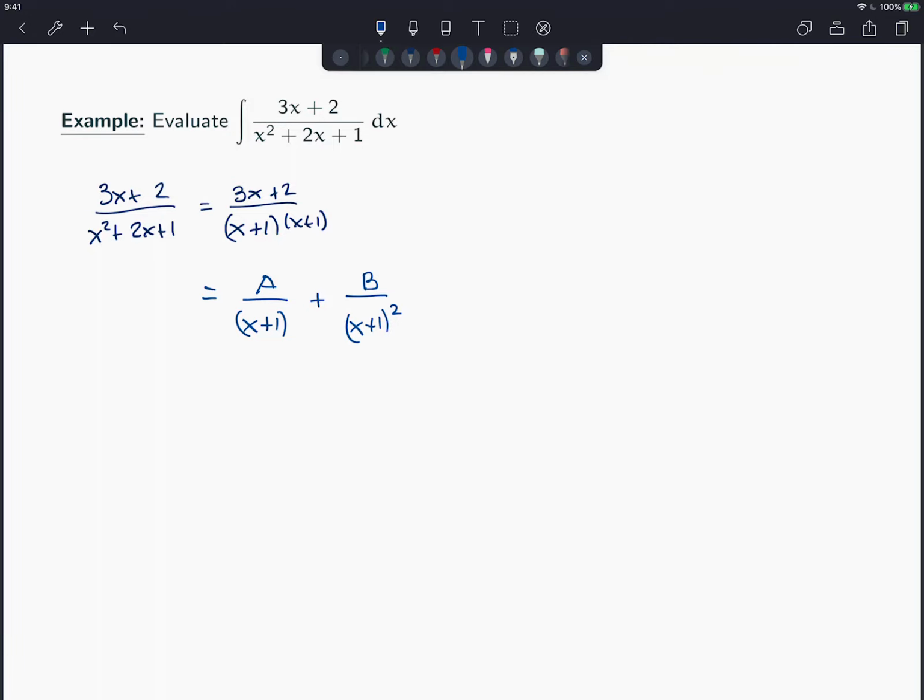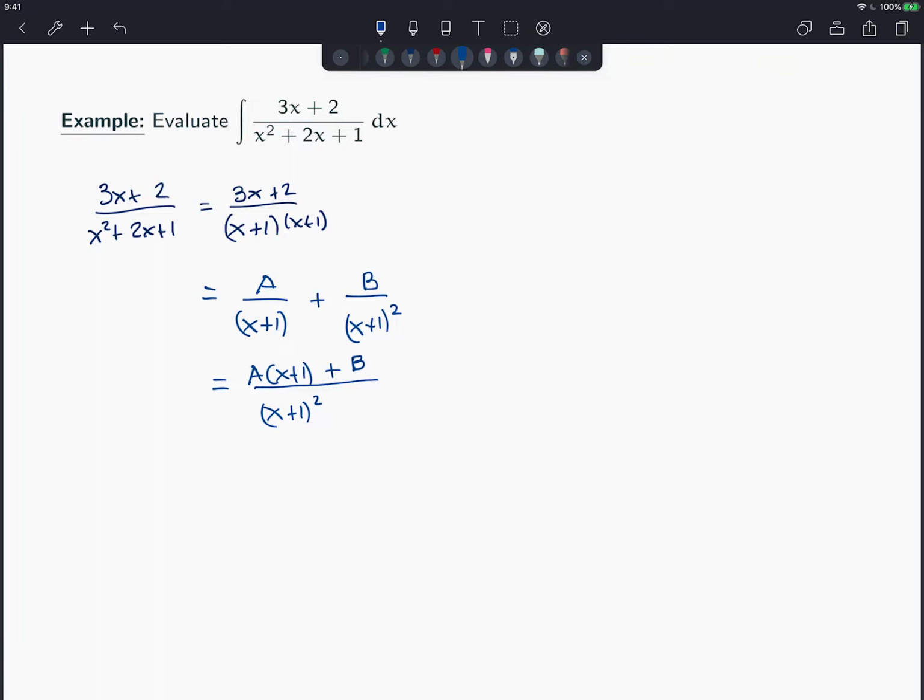We need to consider the two parts that we're adding. One of them has denominator x plus 1, and the other one has x plus 1 squared. So to get the same denominator, which is x plus 1 squared, all I had to do was multiply A times x plus 1, and the B is already over x plus 1 squared, so that was not multiplied by anything.